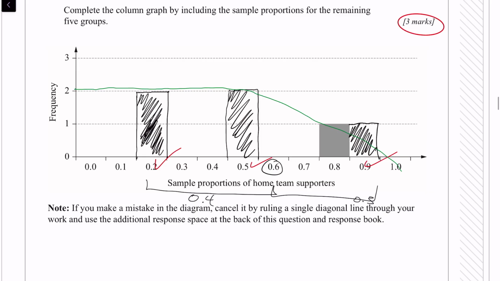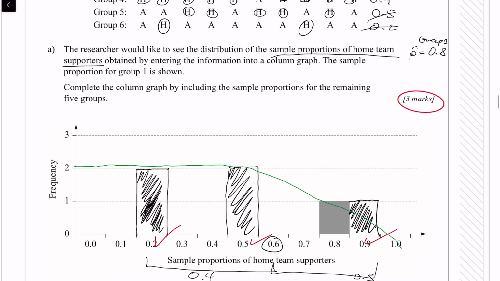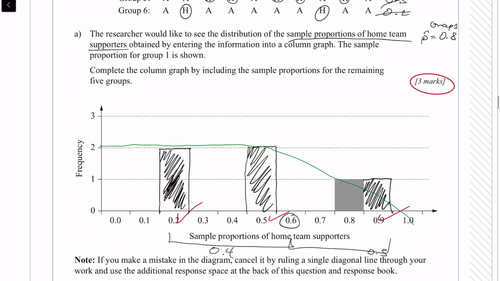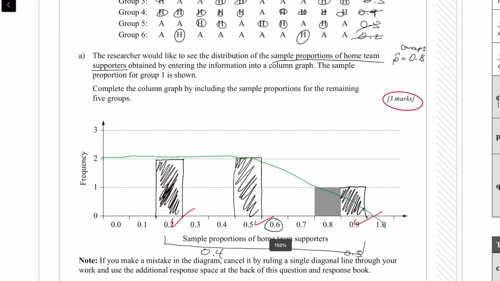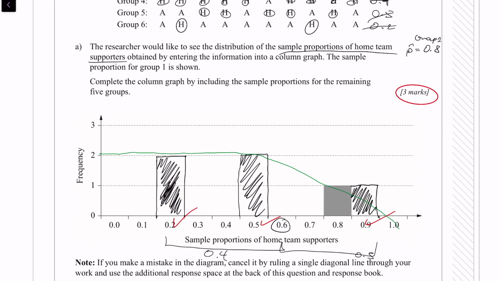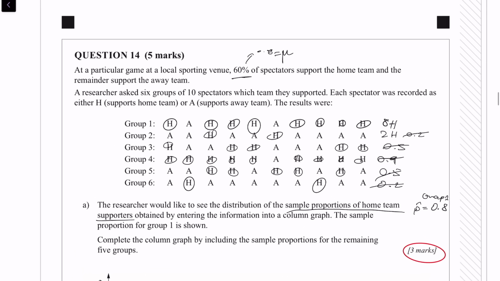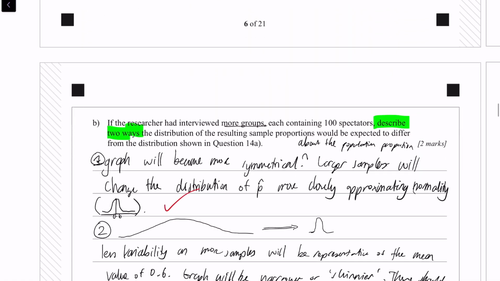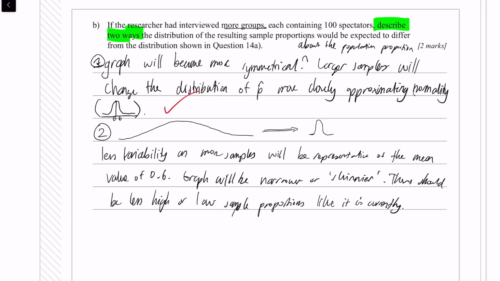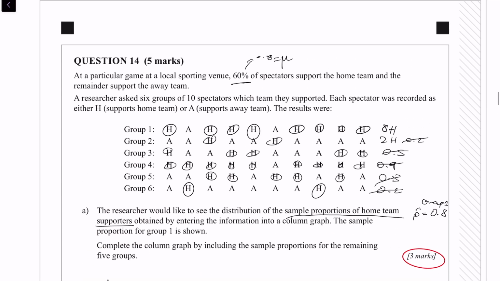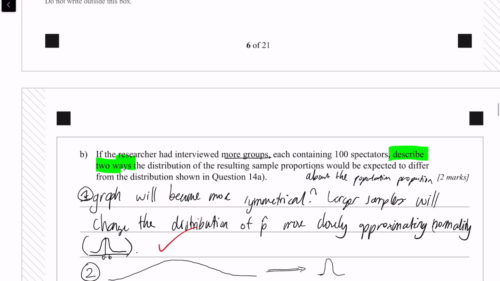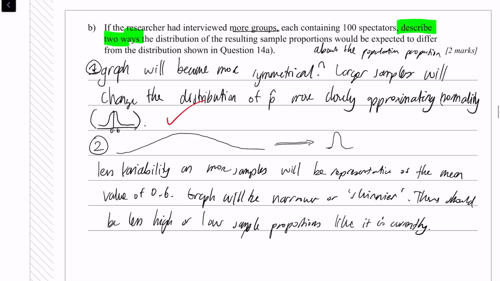In fact, none of the groups represent the population mean. So that's an inaccurate representation of the mean, because we've only taken 6 groups and 10 spectators. But if we take more groups, each containing 100 spectators, we'll go closer to that mean value with less variability and a symmetrical normal distribution.